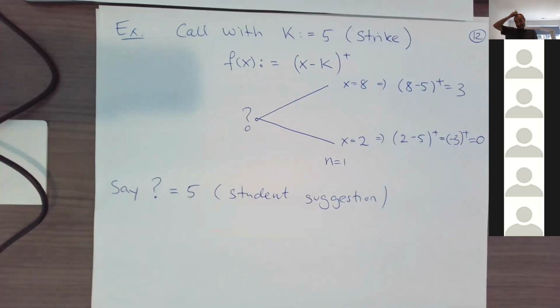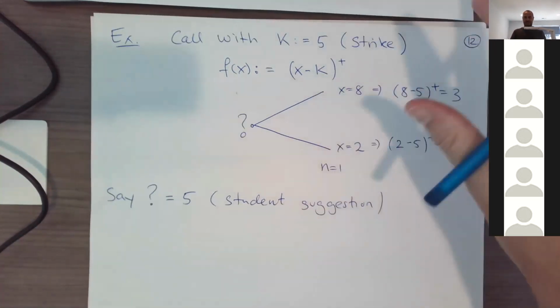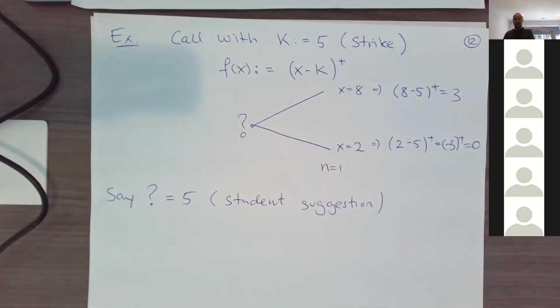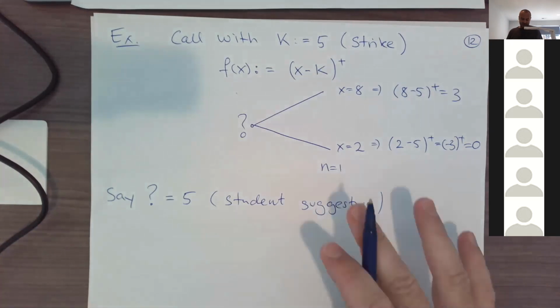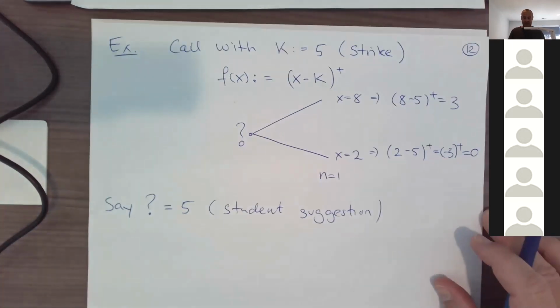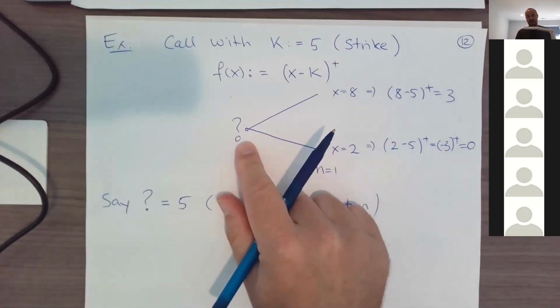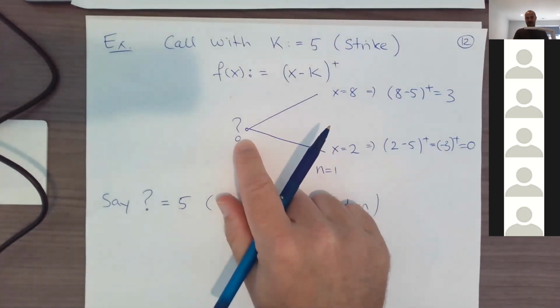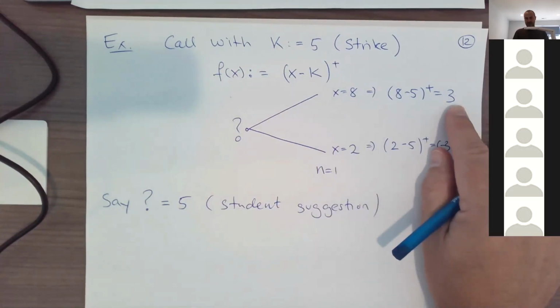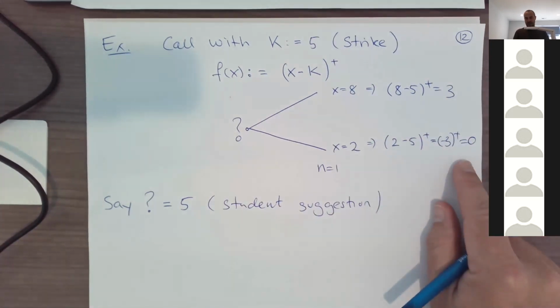So imagine that you're doing this problem at the exam or the homework. Just think about whether this could be 5. Are you willing to pay $5 to get either 3 or 0?